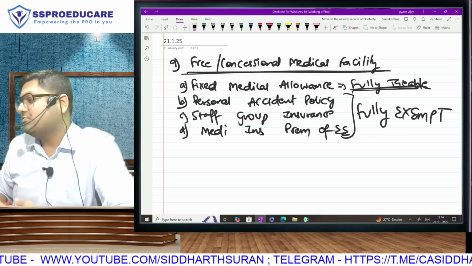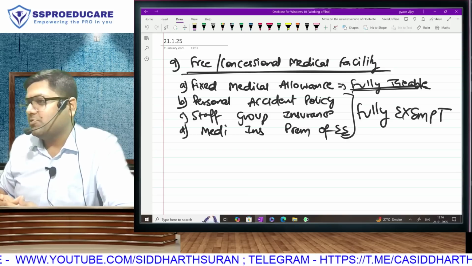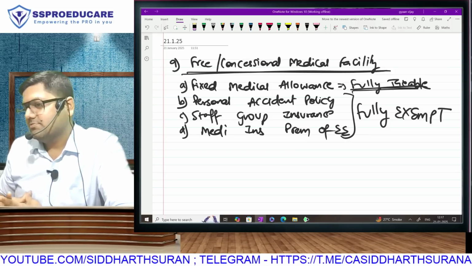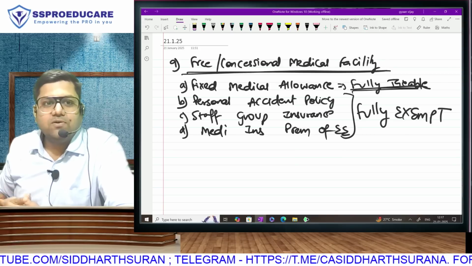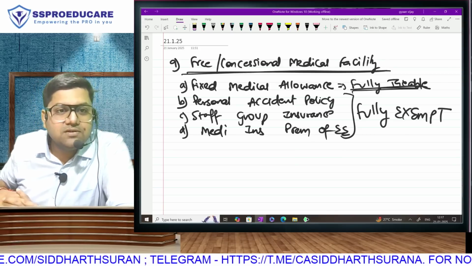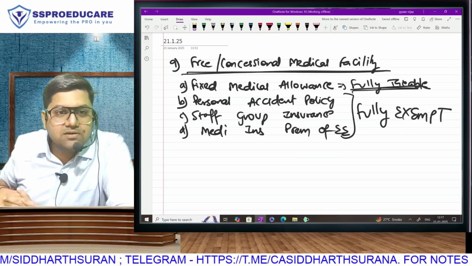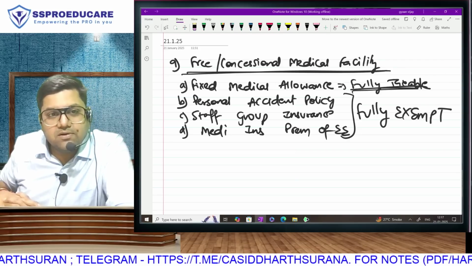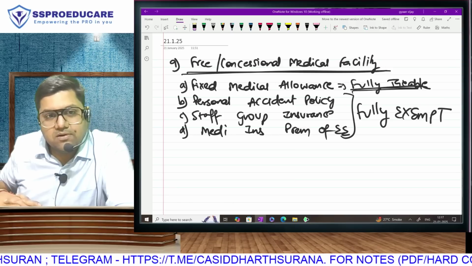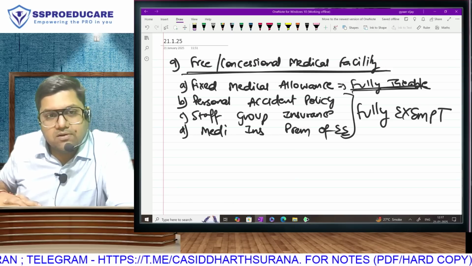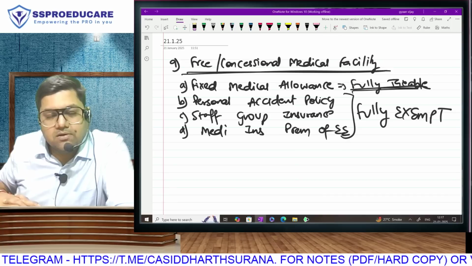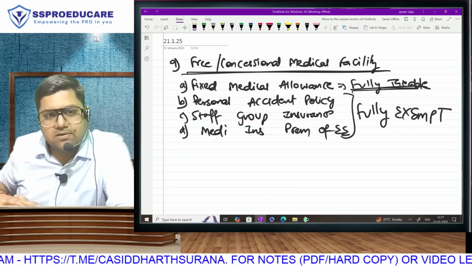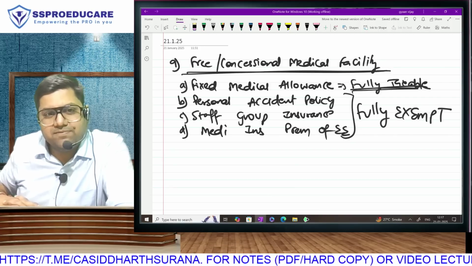So this full facility should be exempt. The full perquisite should be exempt. Your boss is recruiting you. You are saying something? Say how? Go ahead. But it will not have to bear. Why?